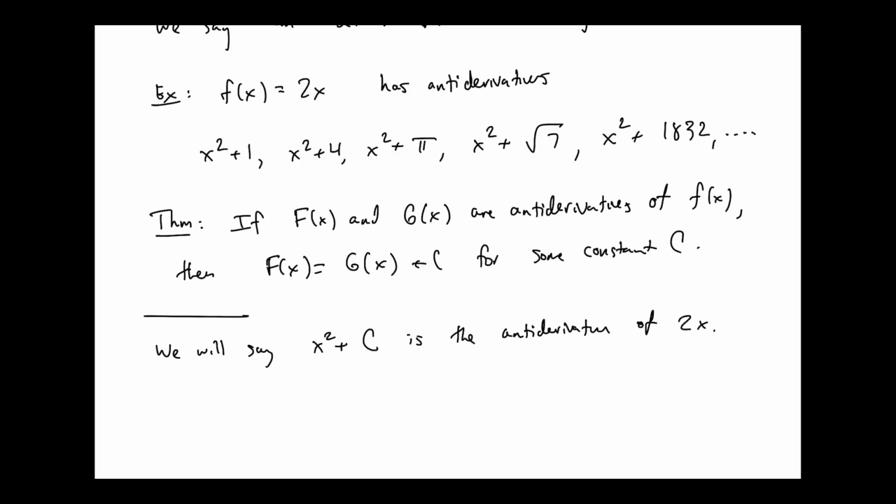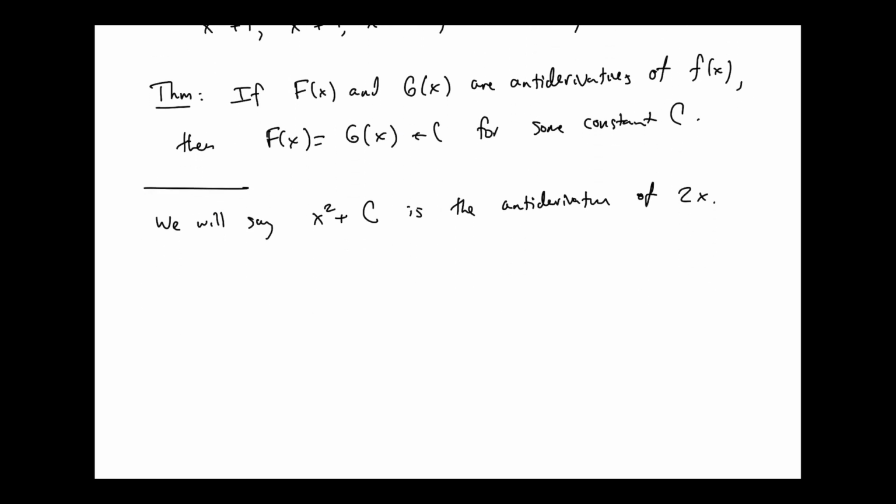If I were to graph a bunch of them, and if you'll pardon my terrible art skills as usual, if I have x squared plus 1 here, x squared plus 4 is the same shape, just shifted up 3 more units. They all look the same with the exception of the vertical shift, and that's reflected by that plus c, because plus a constant gives you a vertical shift. Does that make sense?